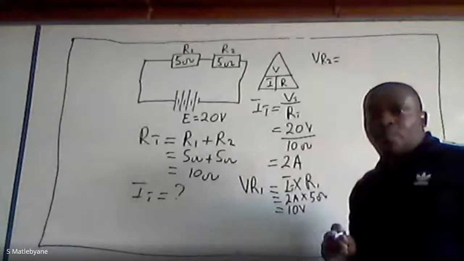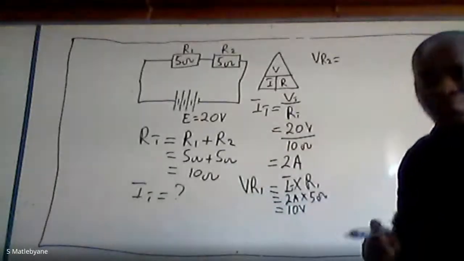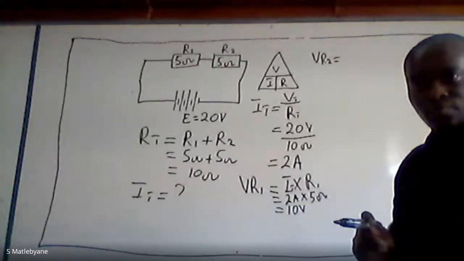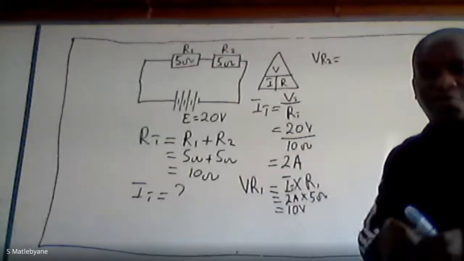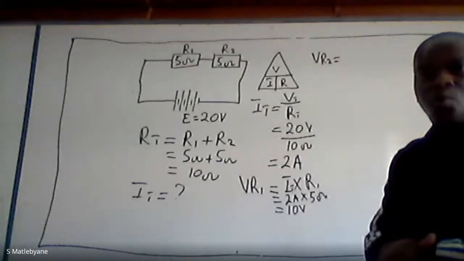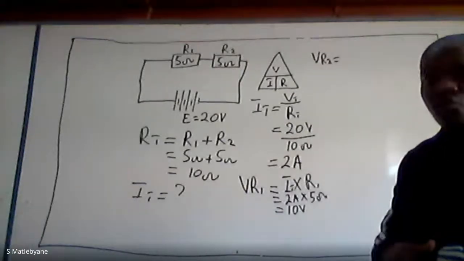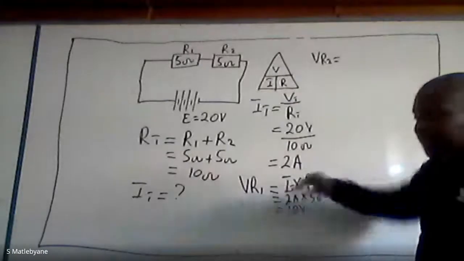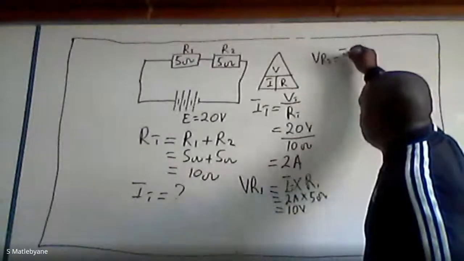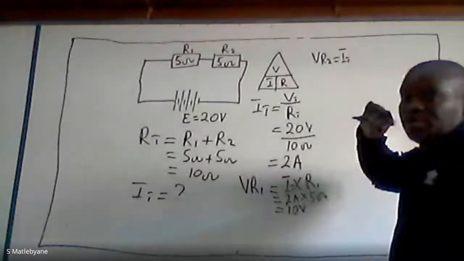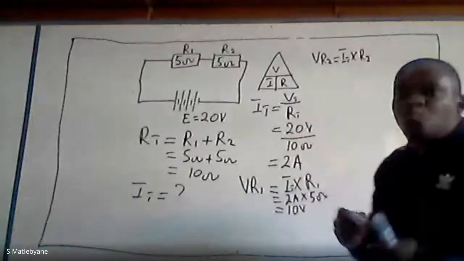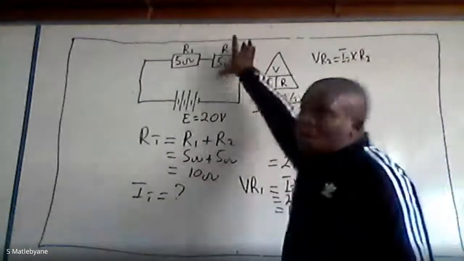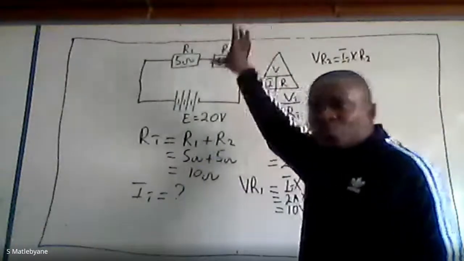Can you still see the board clearly? All right, voltage across resistor 2. What is the voltage across resistor 2? 10 again. Same procedure. We use the total current. We multiply it by the value of resistor 2. Why resistor 2? Because we want to know the voltage across resistor 2.